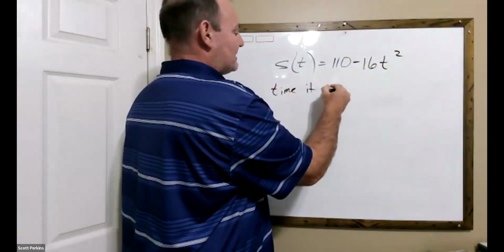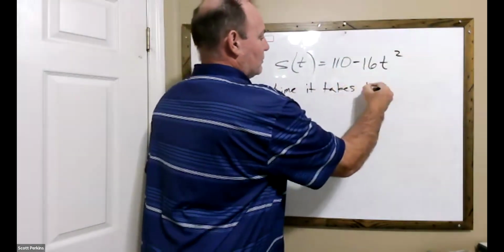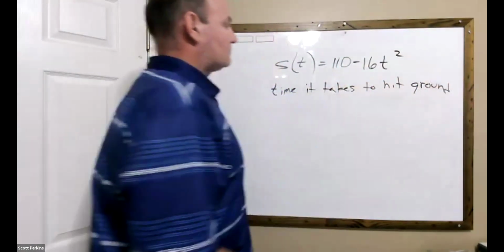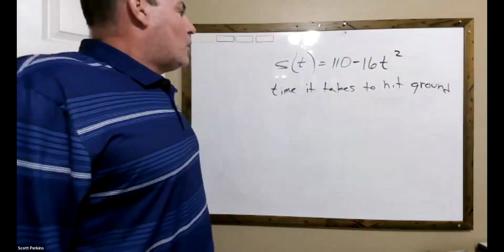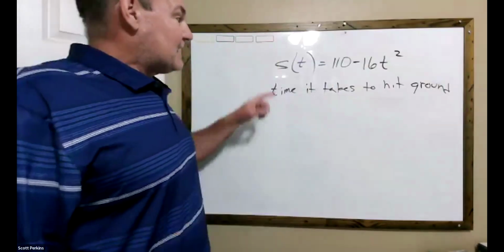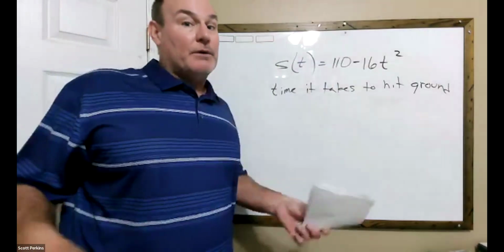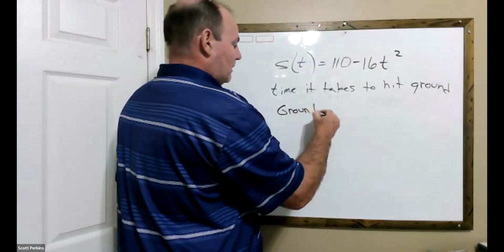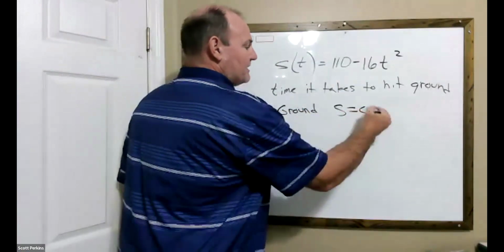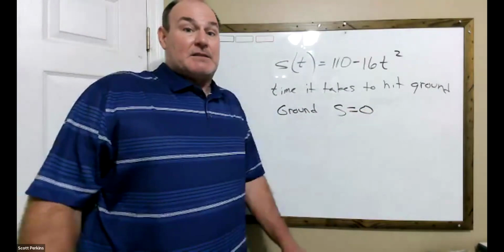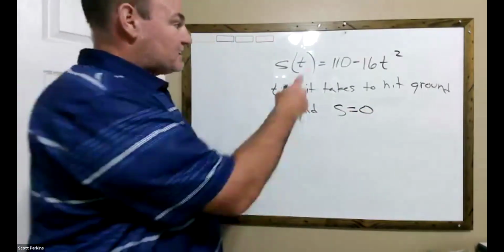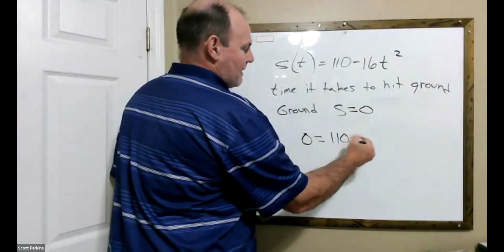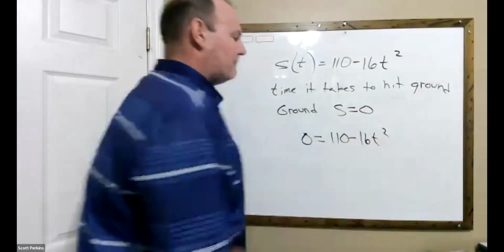The time it takes to hit the ground. Well, if S represents the height, the ground is what height? The ground would be a height, an S of 0. That's where everything started. And so this problem just means take 0 equals 110 minus 16t squared.